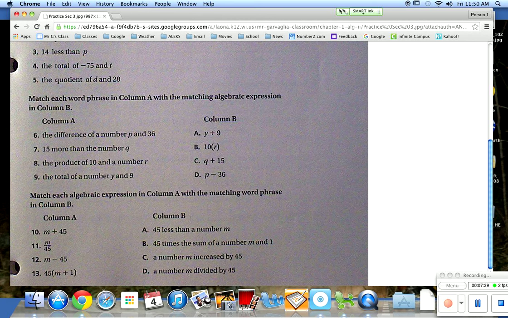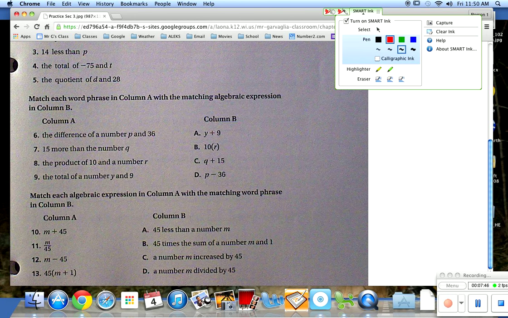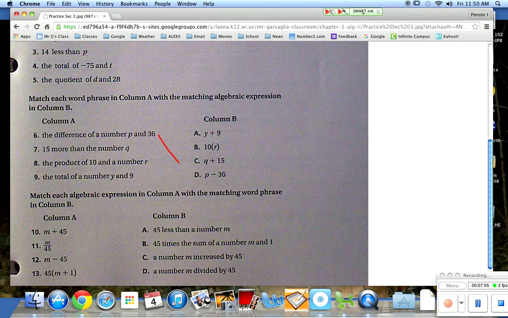Match it up. Tell me which ones. You guys match it up. The difference of a number P and 26 is what? D. So we can write this one right down here, right? Katie, what's the next one? 15 more than the number Q. C. Preston, what's number 8?